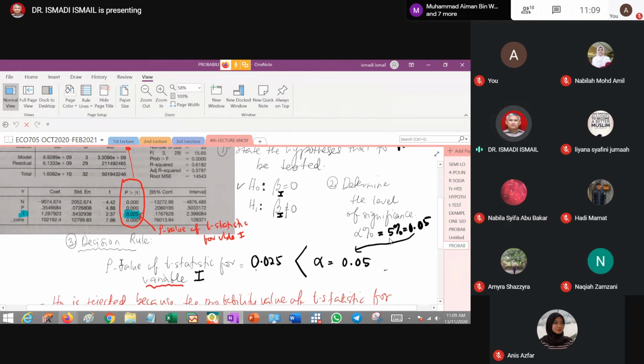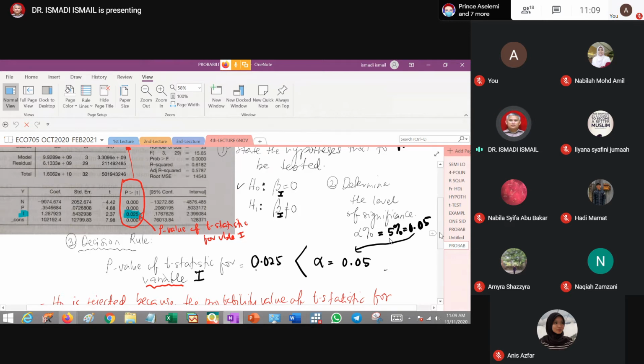Third, the decision rule, and you must state the p-value of the t statistic for variable I. What is the value? 0.025 and your alpha 0.05. Then you compare. It is found to be less than.